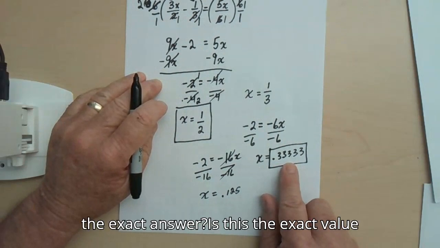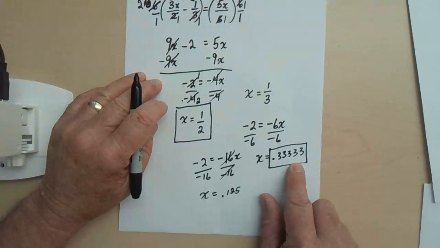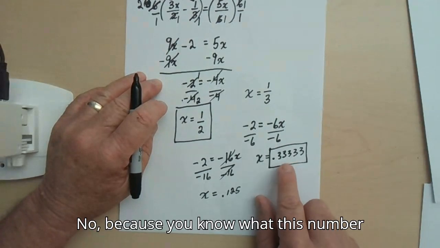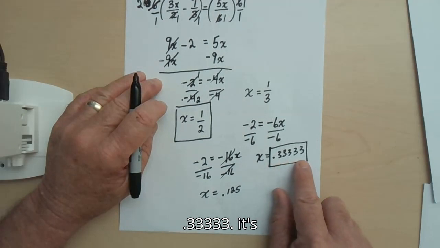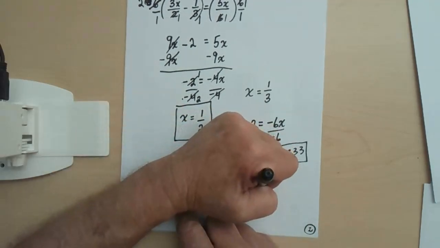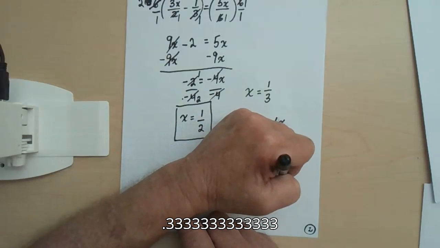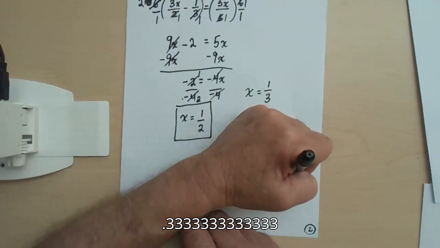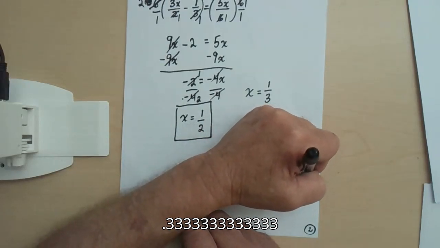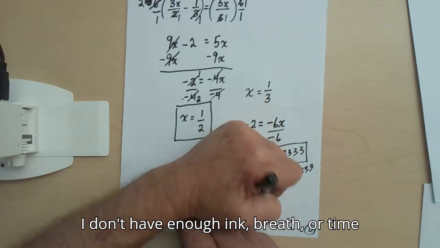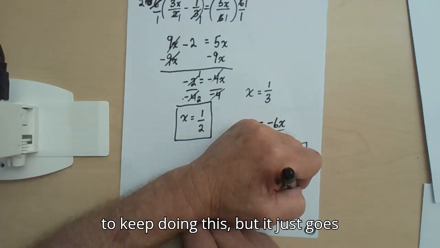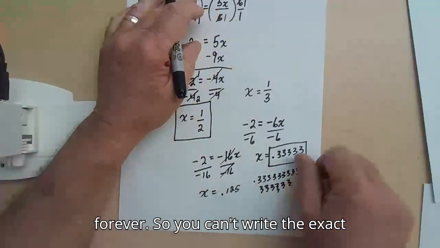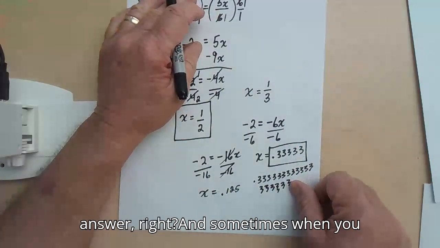Is that the exact answer? Is this the exact value that x is equal to? No, because you know what this number really is? It's not 0.33333. It's 0.3333333333333. I don't have enough ink, breath, or time to keep doing this, but it just goes forever. So you can't write the exact answer, right?